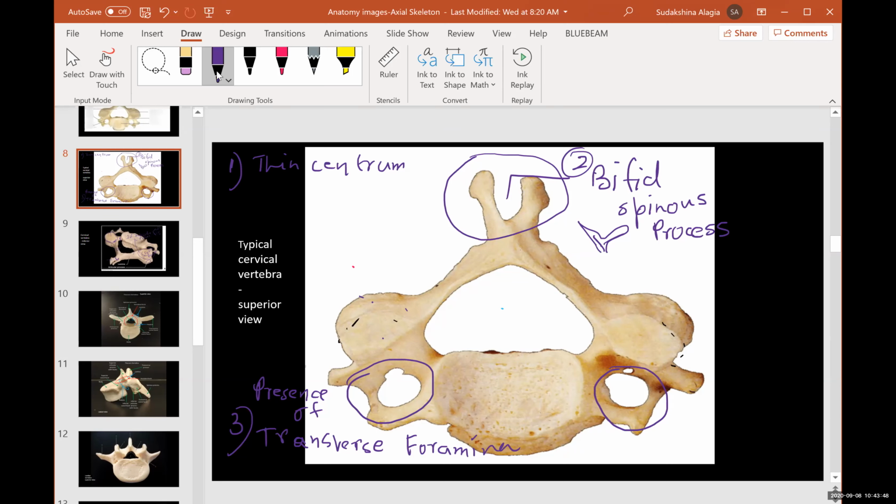If you are referring to one, you call it transverse foramen. These are three special features of cervical vertebrae only. You won't find them in thoracic, you won't find them in lumbar.